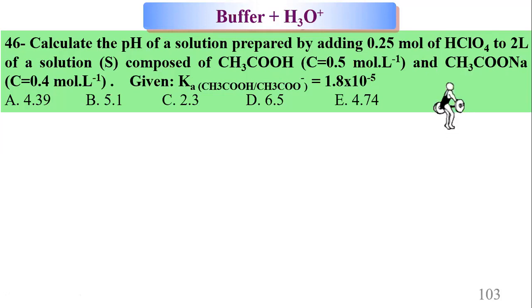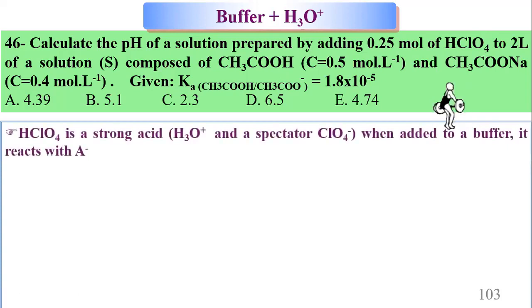Now, a lot of you, unfortunately, still have not memorized the strong acids, and I do highly recommend that you do. Because if you had, automatically, look, this is perchloric acid. In your mind, you're saying, okay, perchloric acid is a strong acid. That's it. So I'm simply adding H3O+ to my solution because the ClO4- is a spectator.